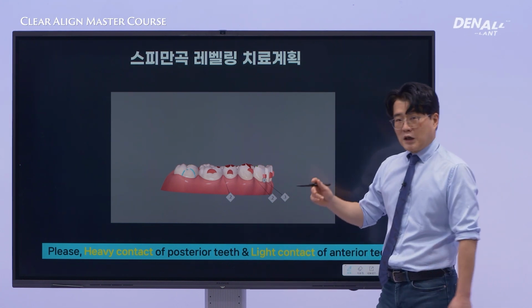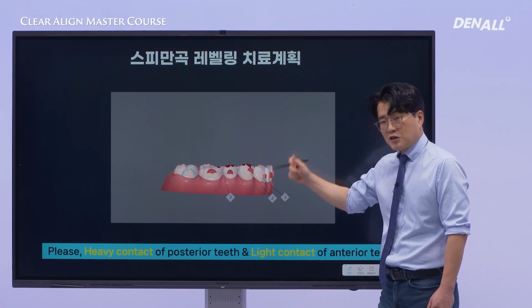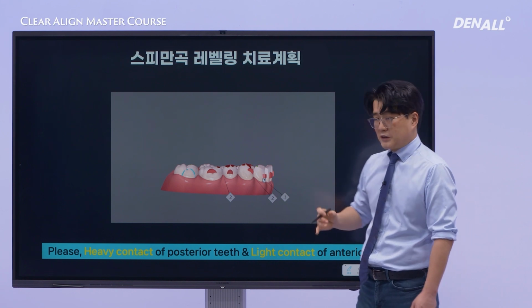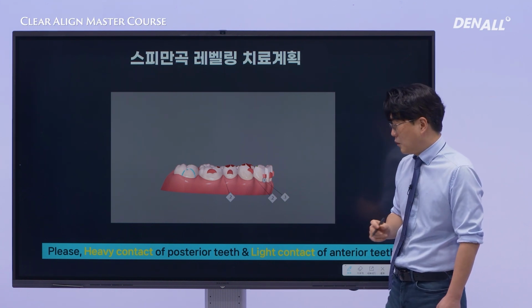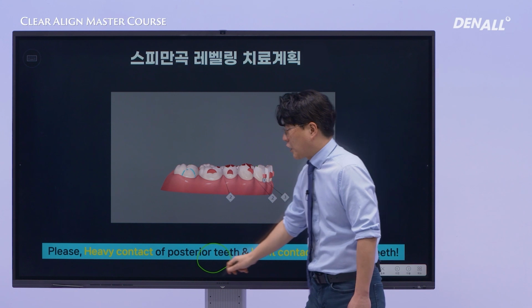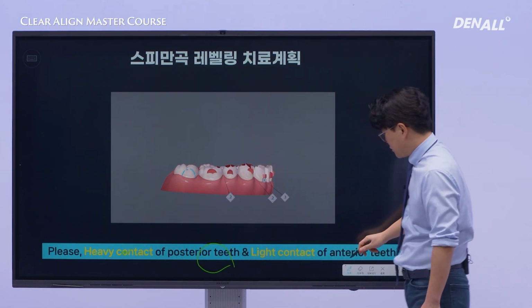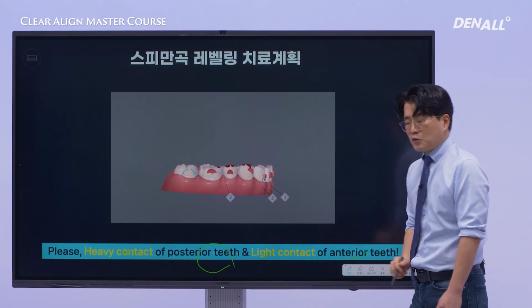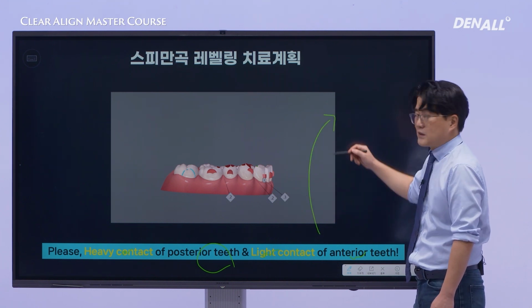There are several ways to accomplish this. We can make such adjustments directly within the setup program, or more commonly, we provide written instructions. As you can see, we can write heavy contact on posterior teeth and light contact on anterior teeth.